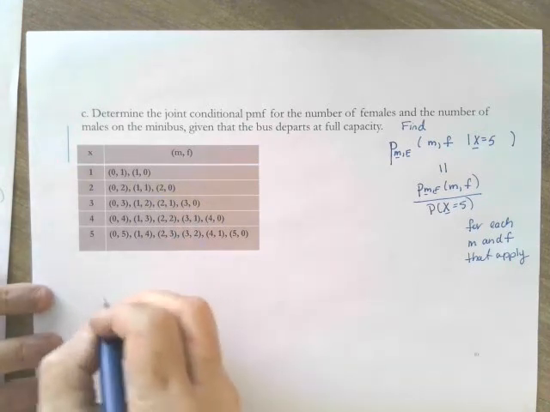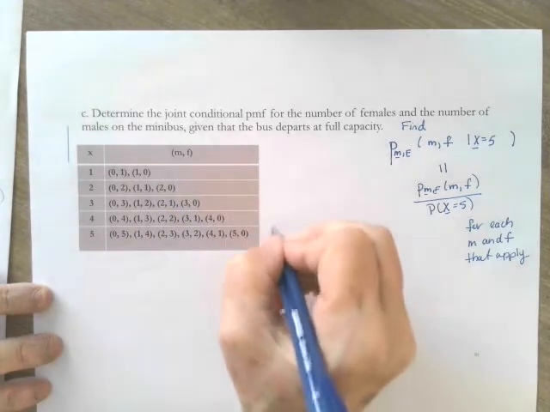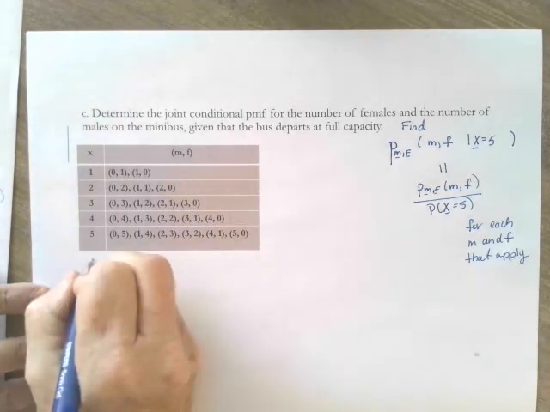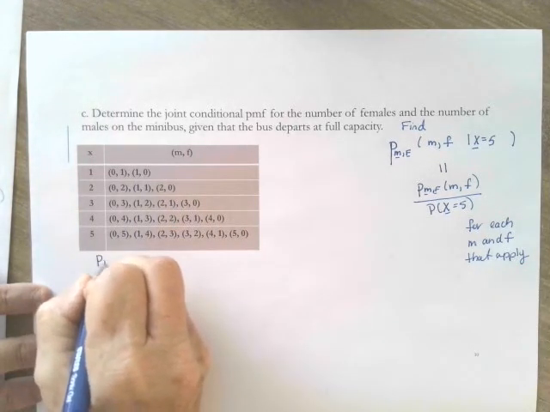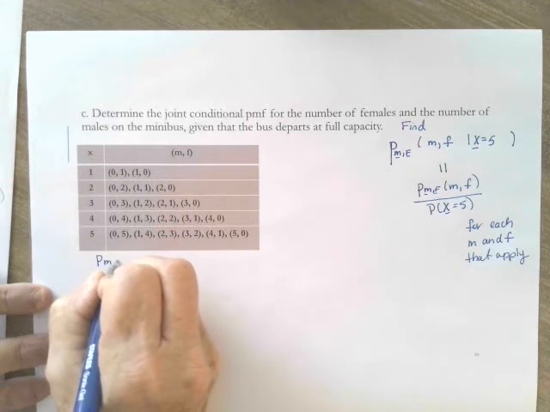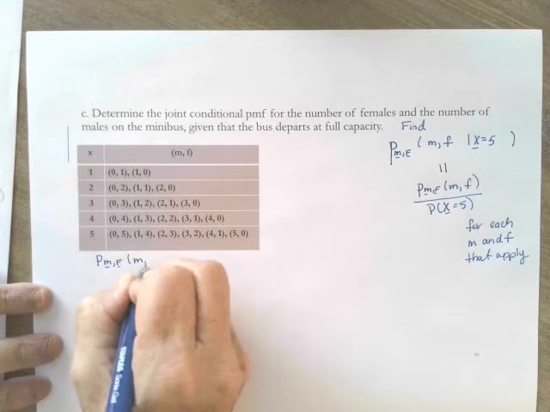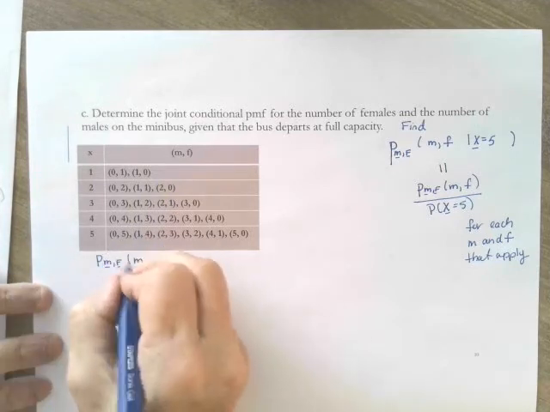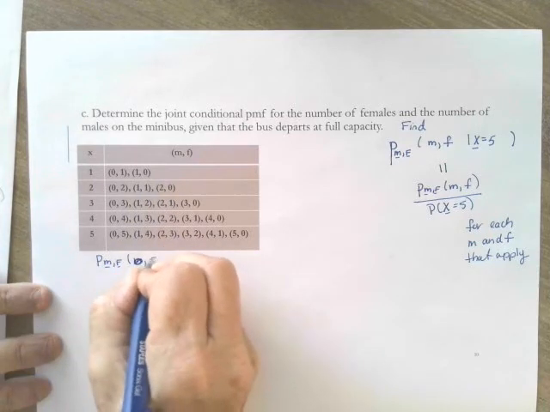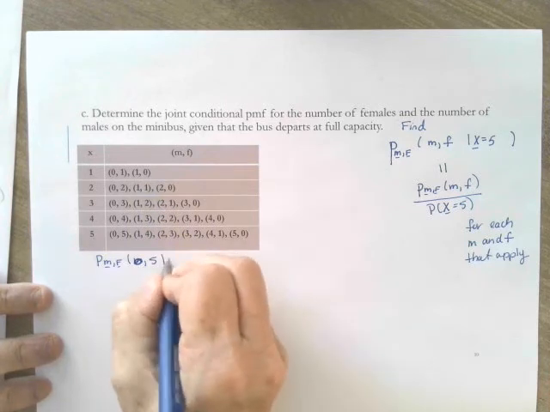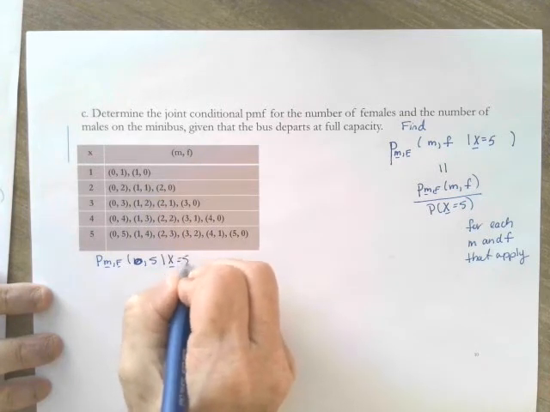So let's start out nice and slow. We'll go with the first one, 0, 5. P_MF of 0, 5 given x is equal to 5.